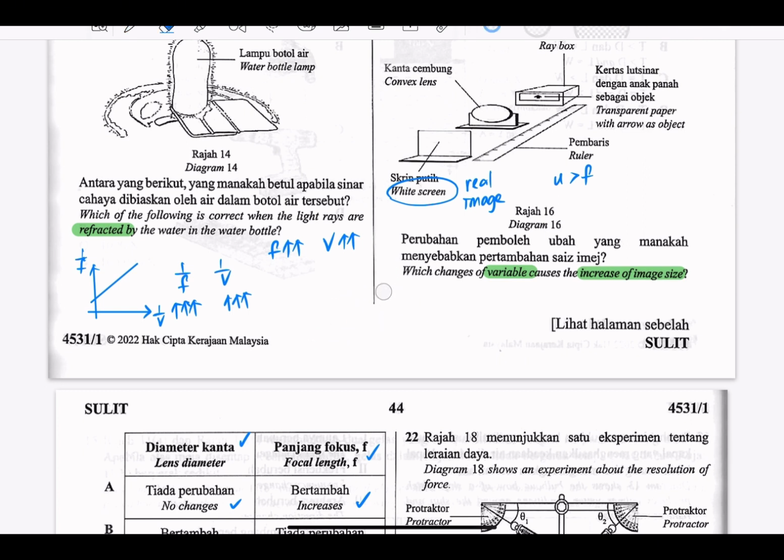For the image distance, we know that magnification is equal to the height of the image over the height of the object, and this is equal to the image distance over the object distance. When your object distance remains constant, the increase of image distance will increase the magnification.